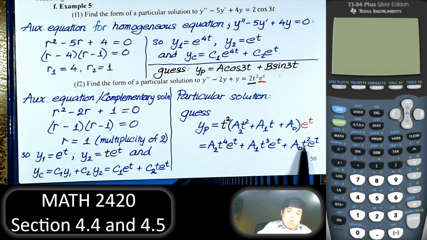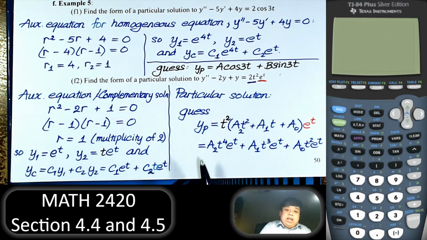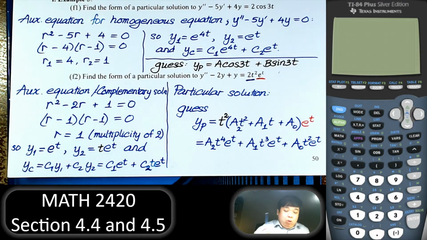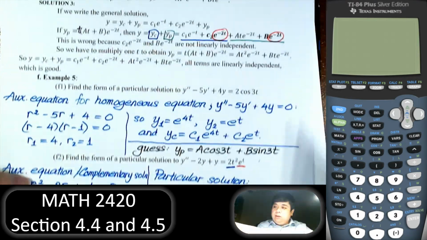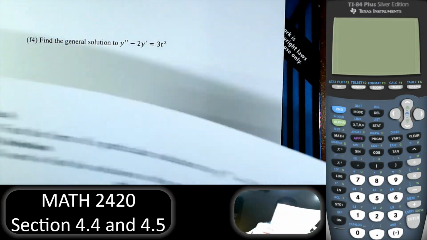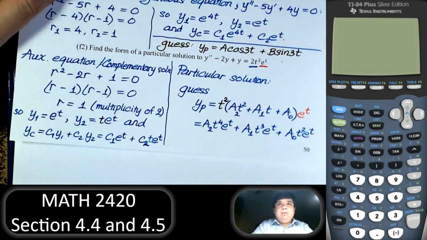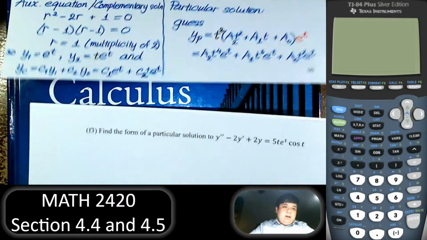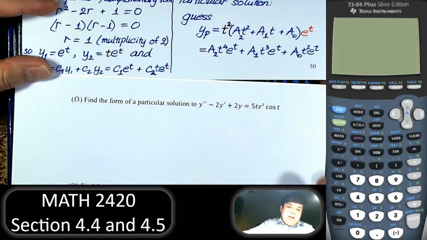It's the smallest power, t squared, which is different from that. If we don't multiply by t squared, there will be some redundancy. They would not be linearly independent, so that's why we have to multiply by t squared there.